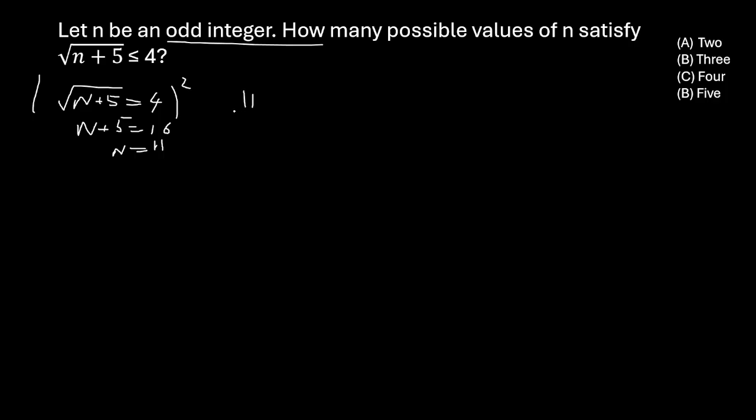Again, we are going to look at when this square root would be less than 4. N is an odd integer.